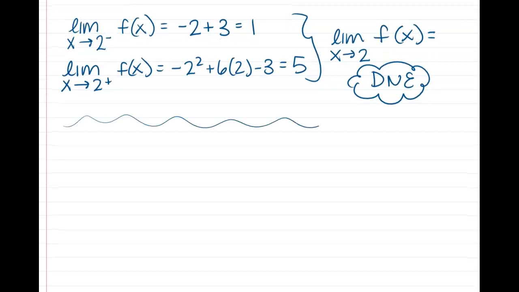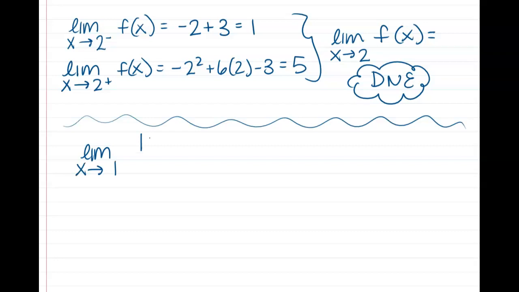Okay, now we have something a little bit different. Let's say we're given the limit as x approaches 1 of the absolute value of x over x plus 1. If we want to find this limit, we need to create a piecewise function.